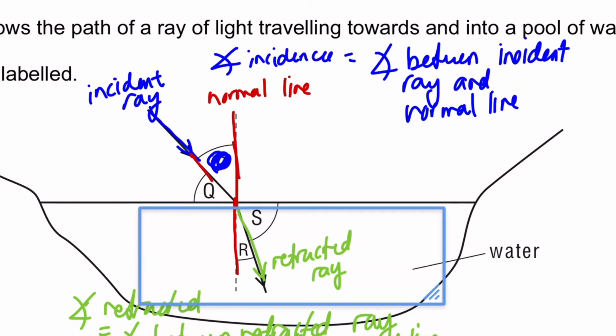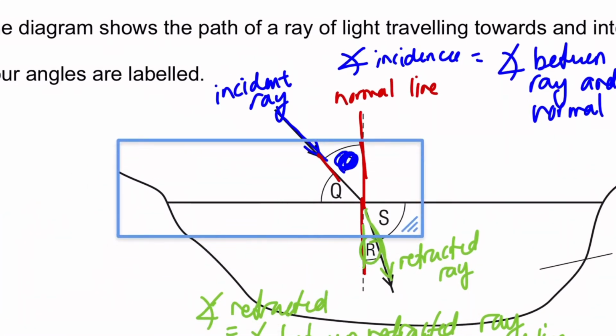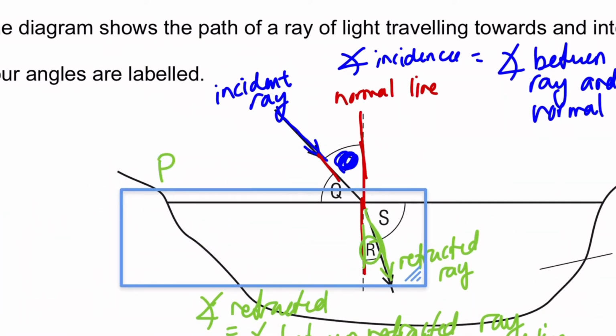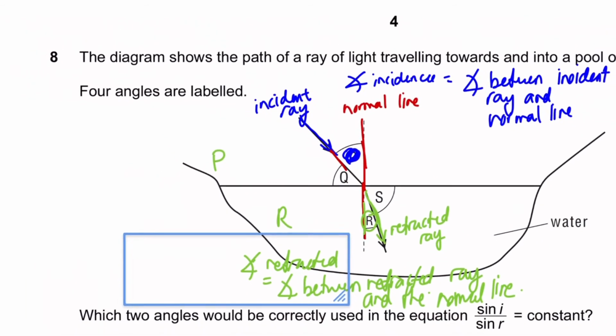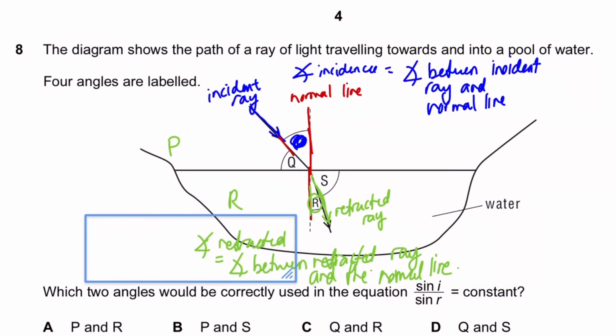So it is between here and here, which is R. So now we know it is P and R. We shall now match in the options below.